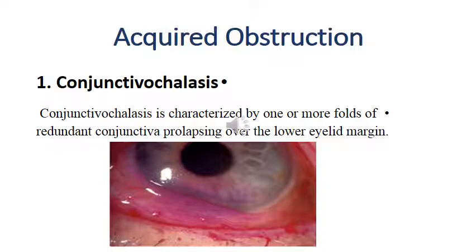So this is very clear. The conjunctiva is swollen and intervening between the lid margin and the ocular surface. Here the stain is Rose Bengal. We use it to stain damaged ocular surface.